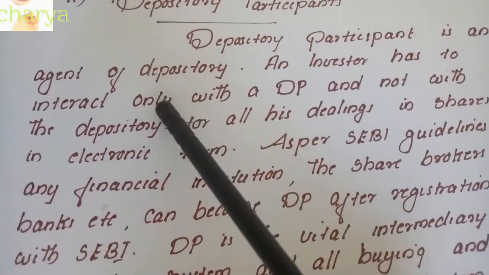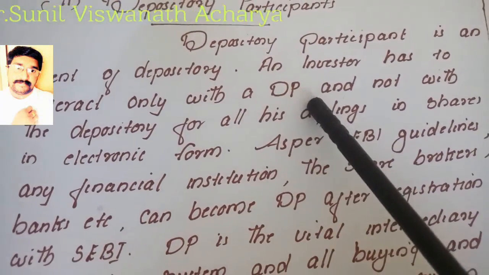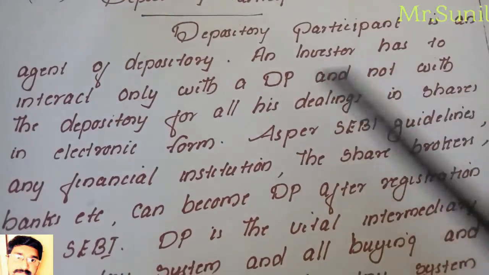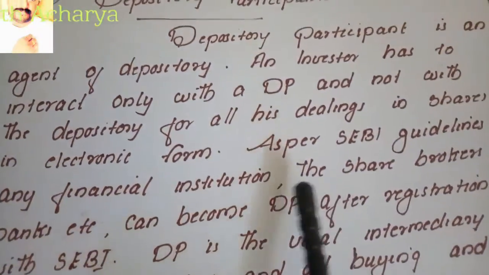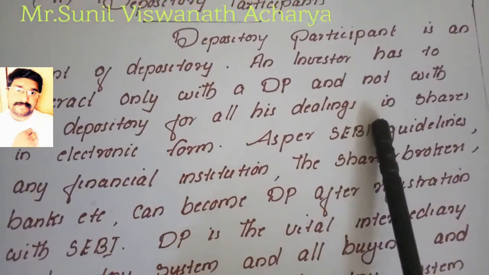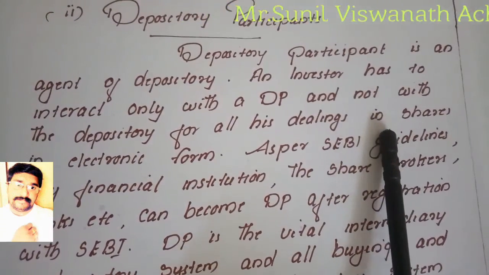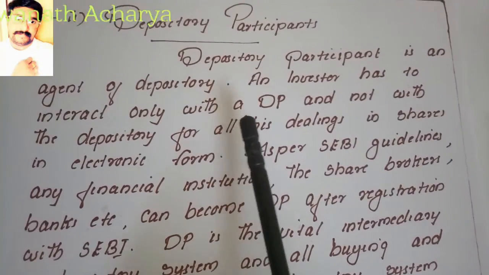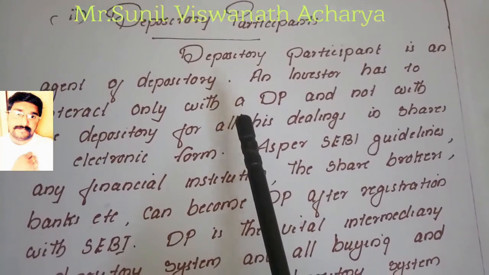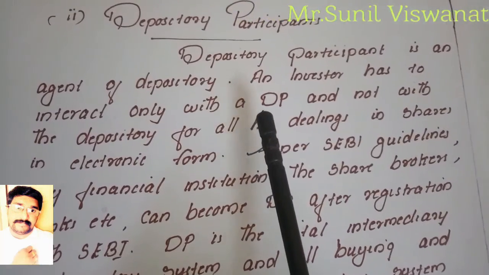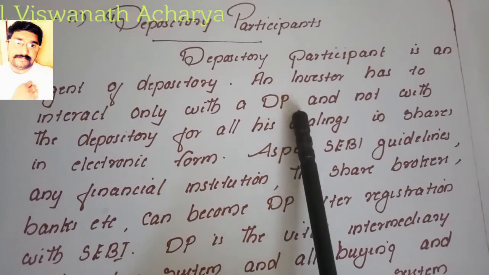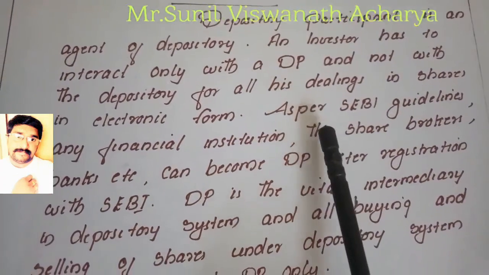An investor has to interact only with the DP and not with the depository for all his dealings in shares in electronic form. Investors can deposit and withdraw their shares in the depository, but they cannot do this transaction directly with the depository. They can do it with the help of a DP.